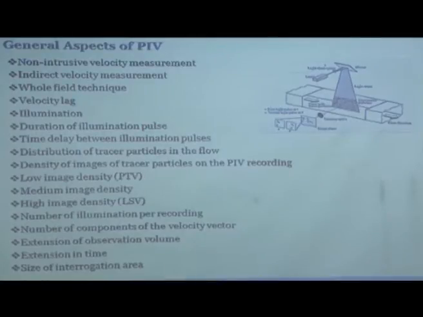If you have a smaller particle, you need a higher illumination level, and if you have a larger particle, then you need lower illumination, because a larger particle will have larger surface area, it will scatter enough light even at low illumination level. Smaller particles will be difficult to see, they will not scatter enough light. So, you need to increase the intensity of the light falling on them.